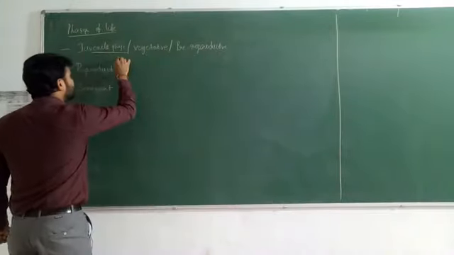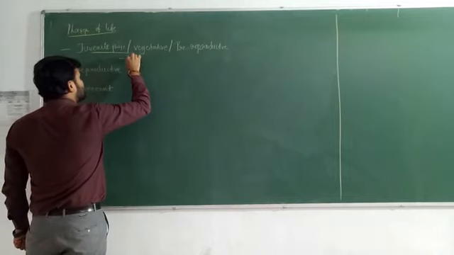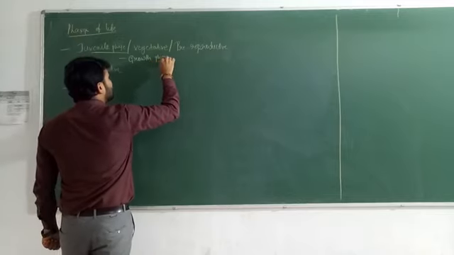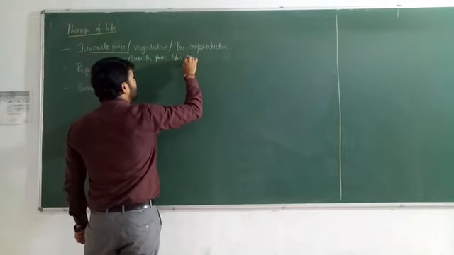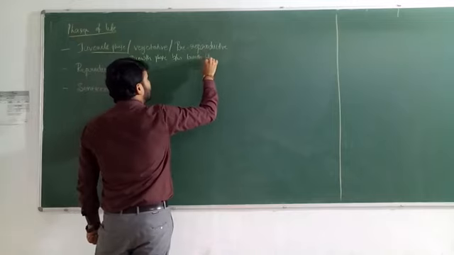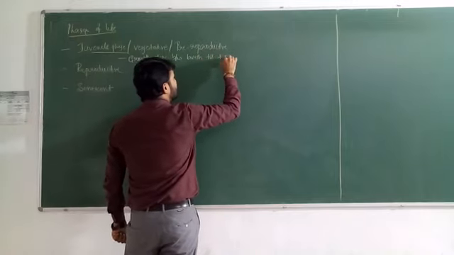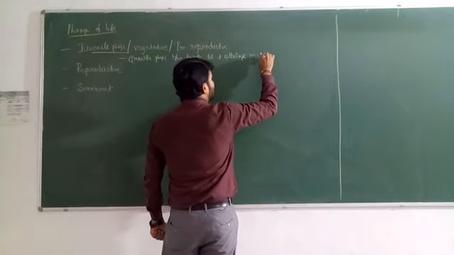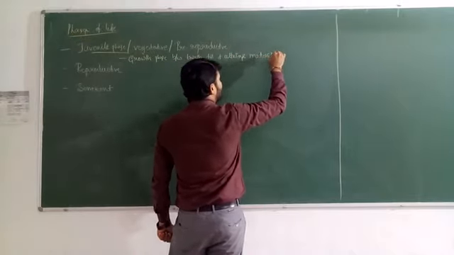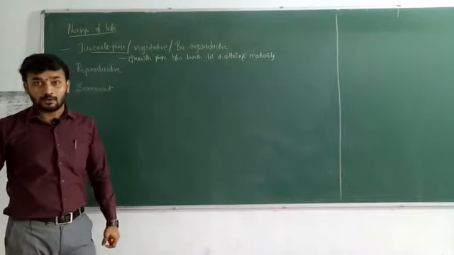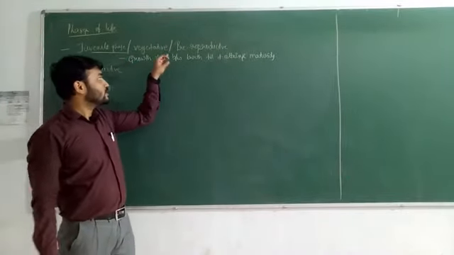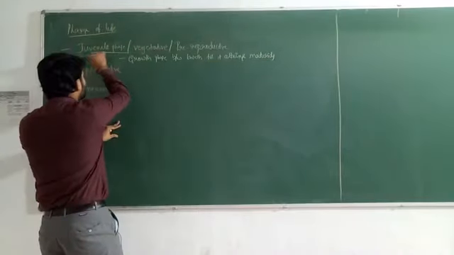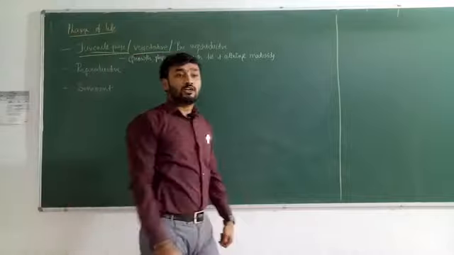It is a growth phase between birth till it attains maturity. Till it attains reproductive maturity, growth keeps taking place. So the growth phase between birth till it attains maturity is called the juvenile phase, or the vegetative phase.